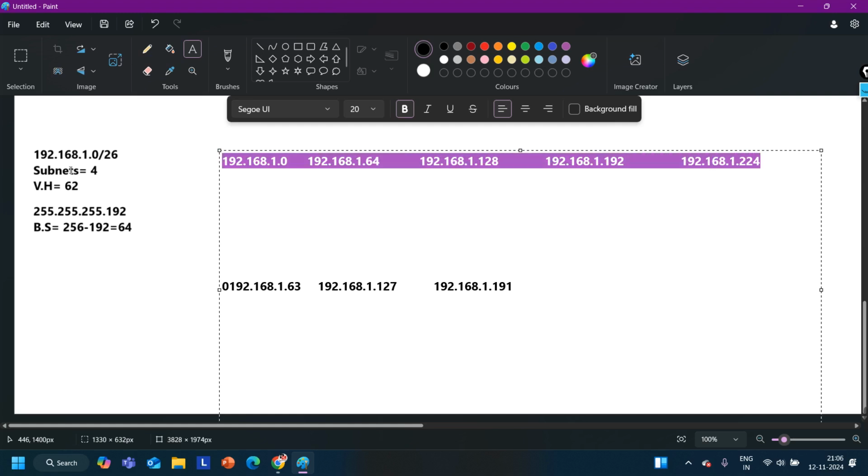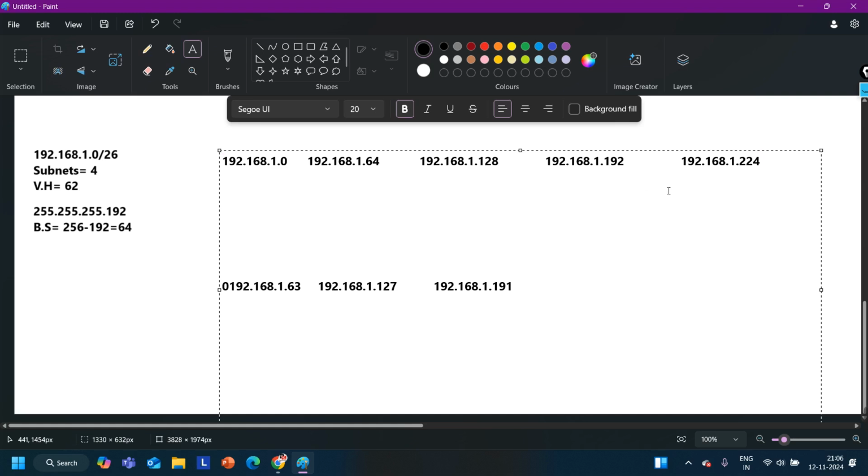See, there is some error. This is not required, sir. Actually, 192 is enough for our network. Four subnets are 192 plus 64, 256, which is an invalid IP address, right?